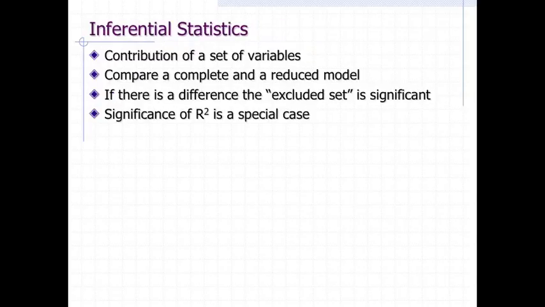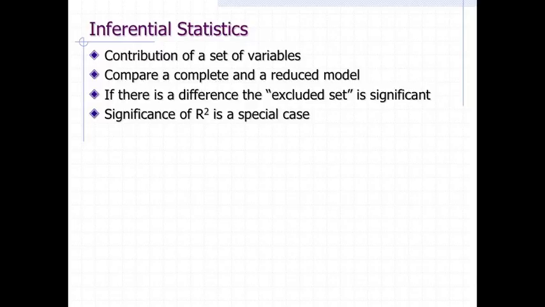We begin by presenting the formula for testing the significance of the contribution of a set of variables. We will then show how special cases of this formula can be used to test the significance of r squared as well as to test the significance of the unique contribution of individual variables. The first step is to compute two regression analyses.